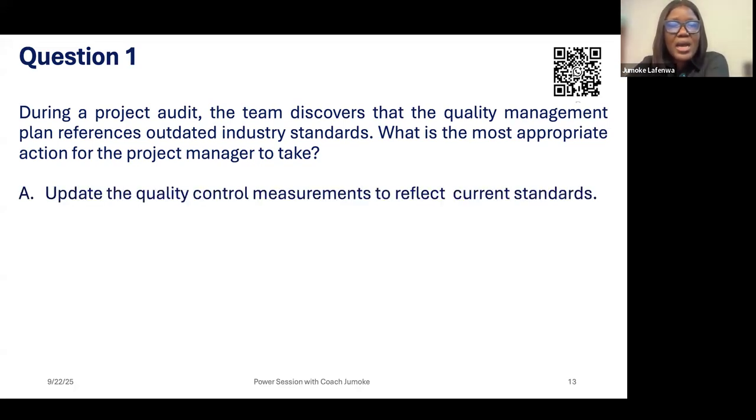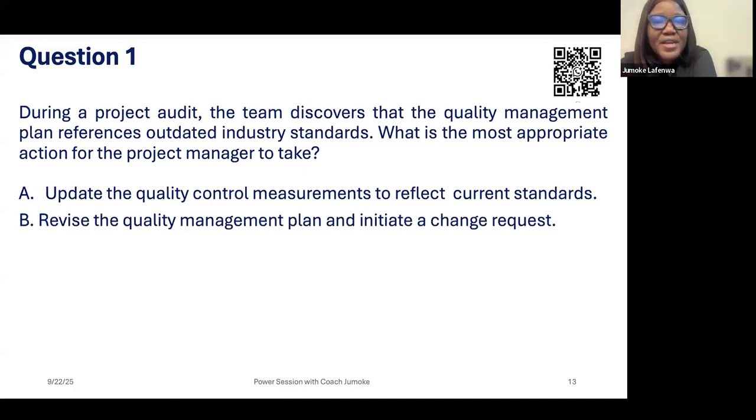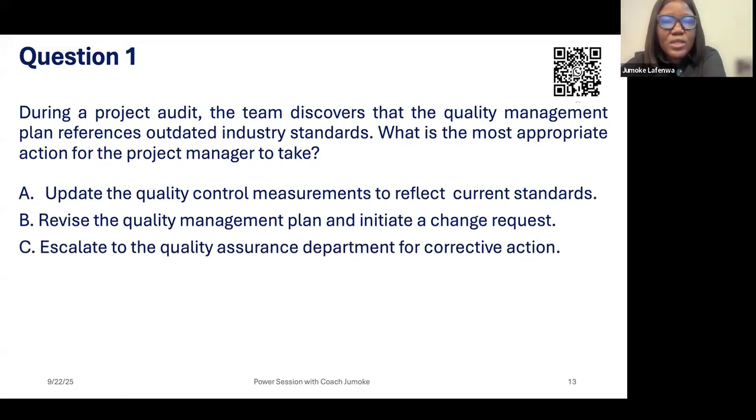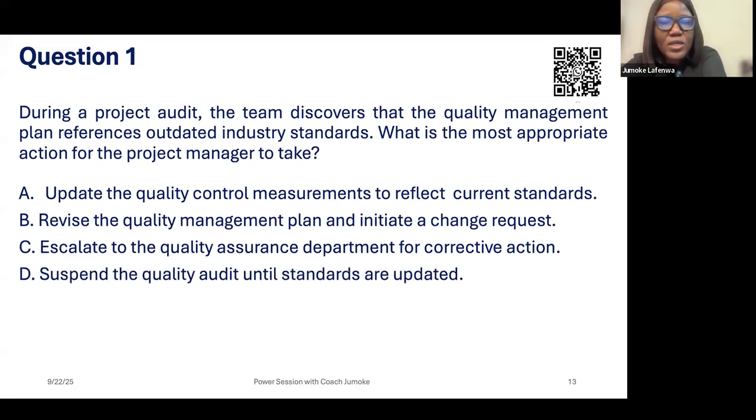A, update the quality control measurements to reflect current standards. B, revise the quality management plan and initiate a change request. C, escalate to the quality assurance department for corrective action. D, suspend the quality audit until standards are updated.